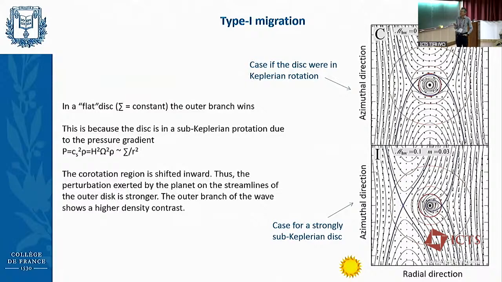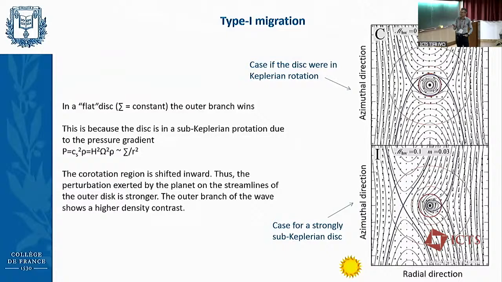The pressure is the product of the sound speed squared times the density of the disk. And the sound speed is the product of the scale height of the disk times the Keplerian frequency, and rho is the density. Now, the scale height of the disk is more or less proportional to R. Omega is proportional to 1 over R to the power 3/2.